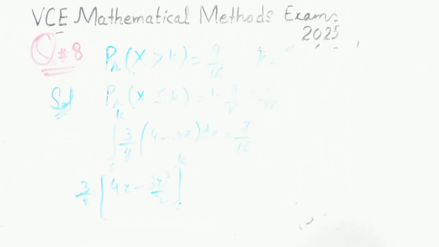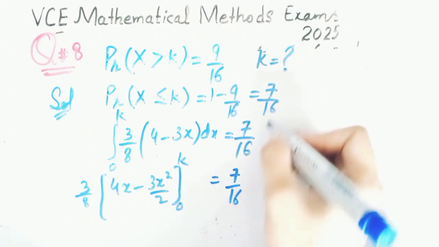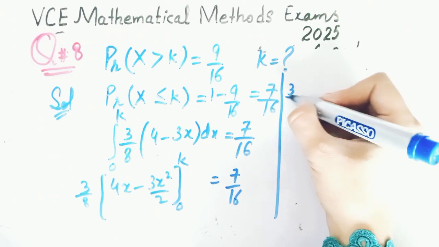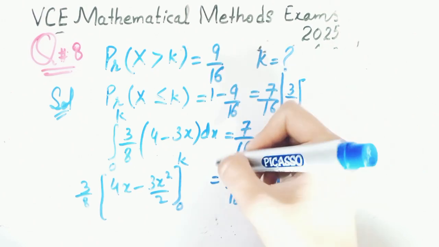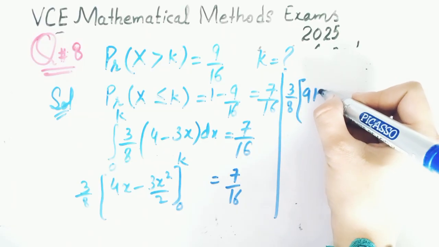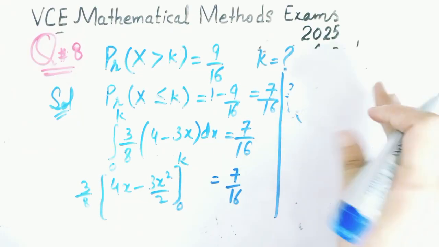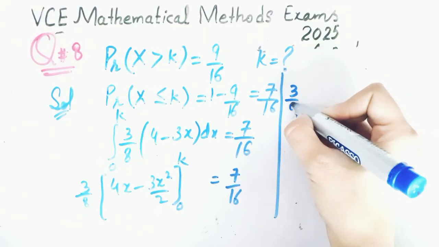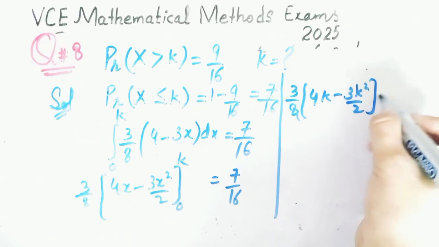It means just substitute the value of k. This will equal 7/16. You have 3/8 (4k minus 3k square by 2) equals 7/16.